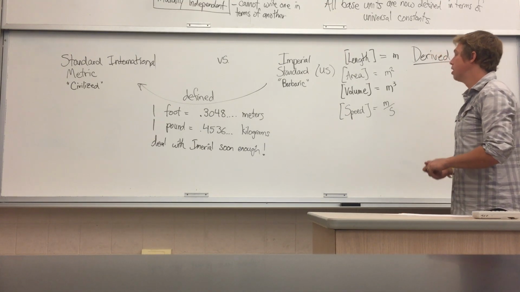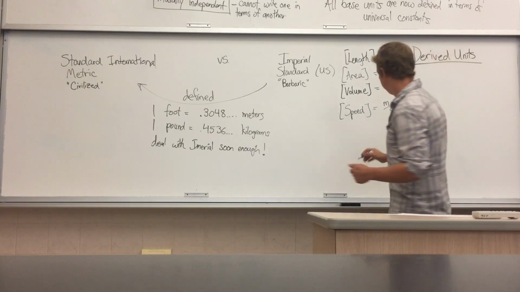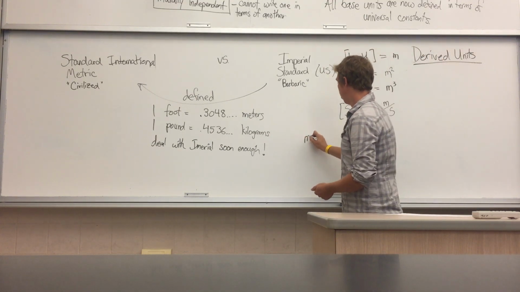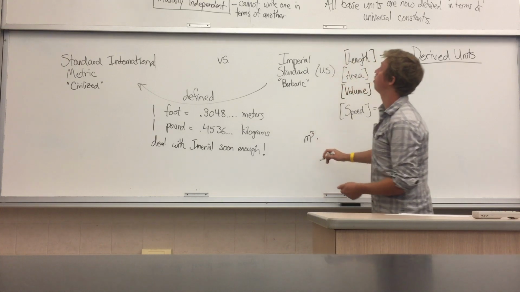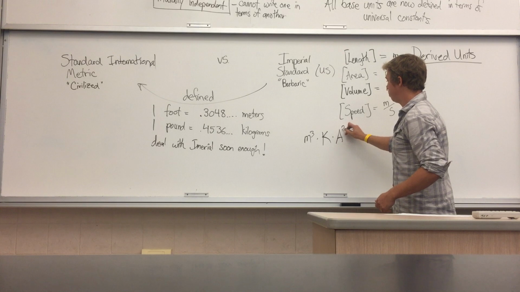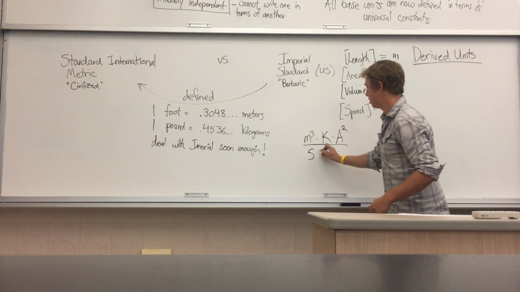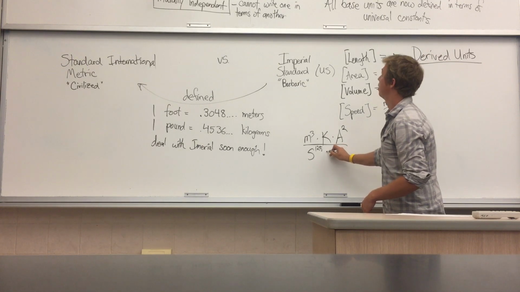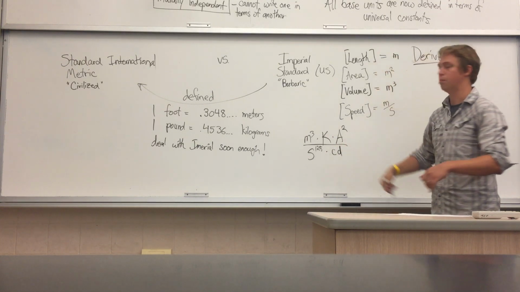Okay, so these units combine in various ways to make every other unit you've ever heard of. Okay, I promise. So what do I mean? So for example, I'm just gonna make something up. Let's combine those in a crazy way. I want to cube meters, multiply it by a Kelvin, multiply it by an amp squared. I want to divide by seconds to the 125th, and I want to throw in a candela there on the bottom.